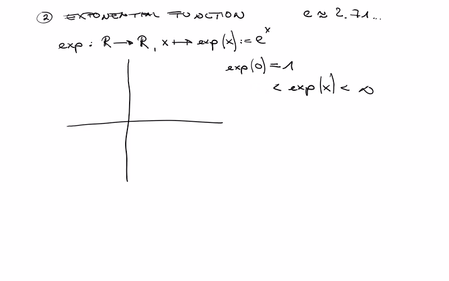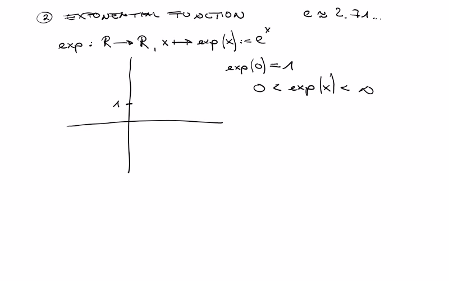So, what is this? So essentially, this says that all the values of the exponential function are positive, and that it goes through this value here. If this is 1, so let's draw 1 here.